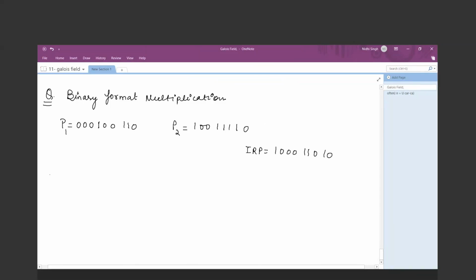So same table you have to draw over there, that is power. Second one is shift left operation.